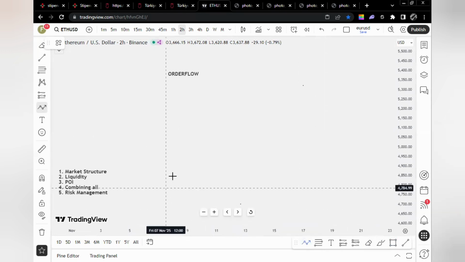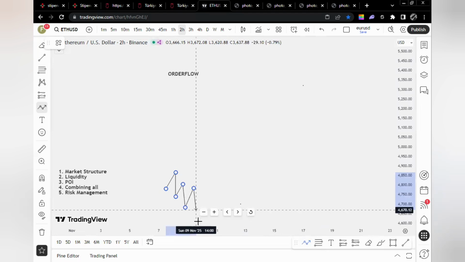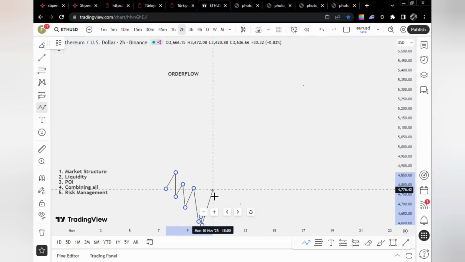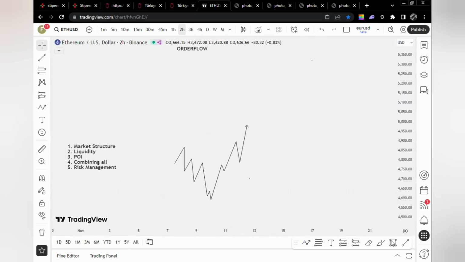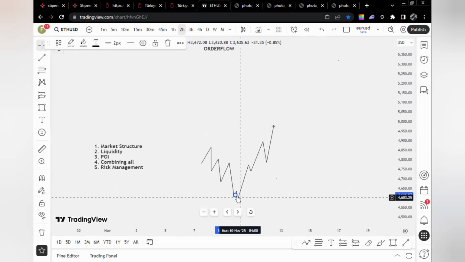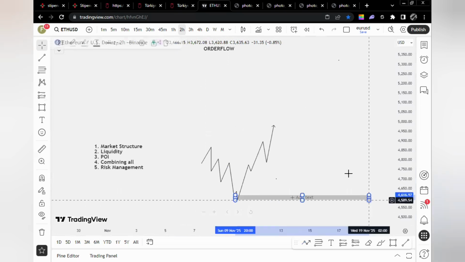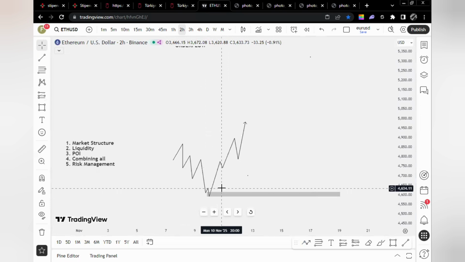You have price ranging around, and then price just starts moving continuously. This last point here, the last opposite candlestick, I will show you what I mean by that very soon. Here is what we refer to as an order block.